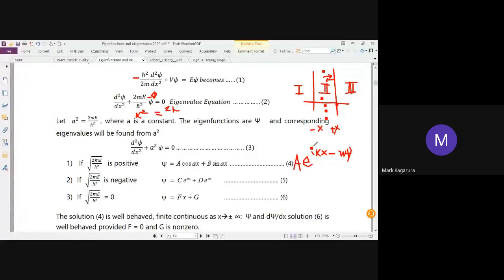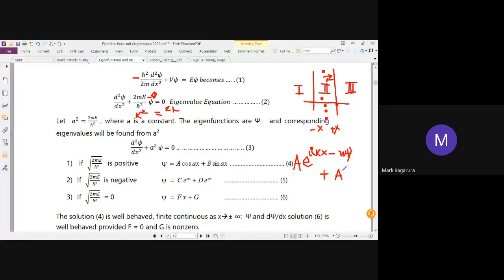I'm supposed to put the brackets. So that is your wave function. Of course, we are interested in the kx part of it. This will just give you one solution. That is why we need to add the second one.